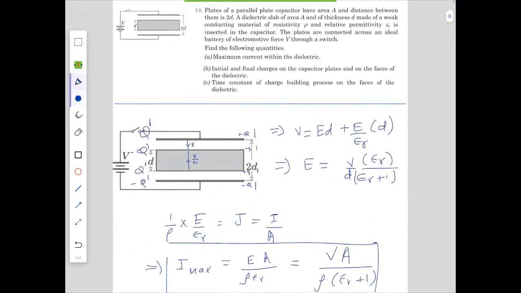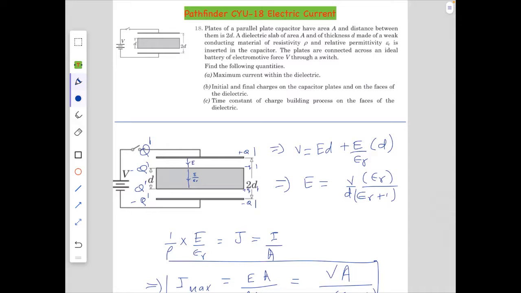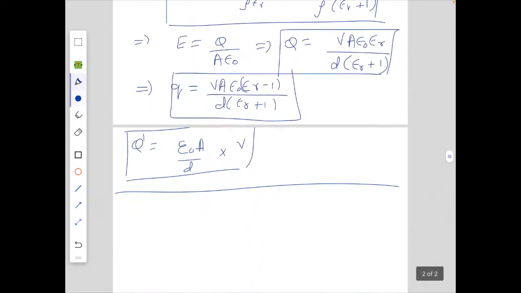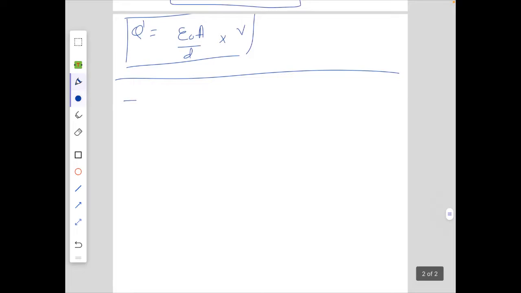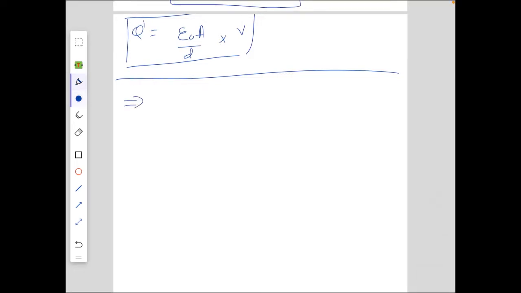Now for the third part, we need to find the time constant of the charge building process on the faces of the dielectric. So let's assume that at any general time, a charge capital Q is on the conductor plate, and a charge of small q is on the dielectric plate. The equations we get are just like part 1: V equals Q by A epsilon naught times d plus Q minus small q by A epsilon naught times d.